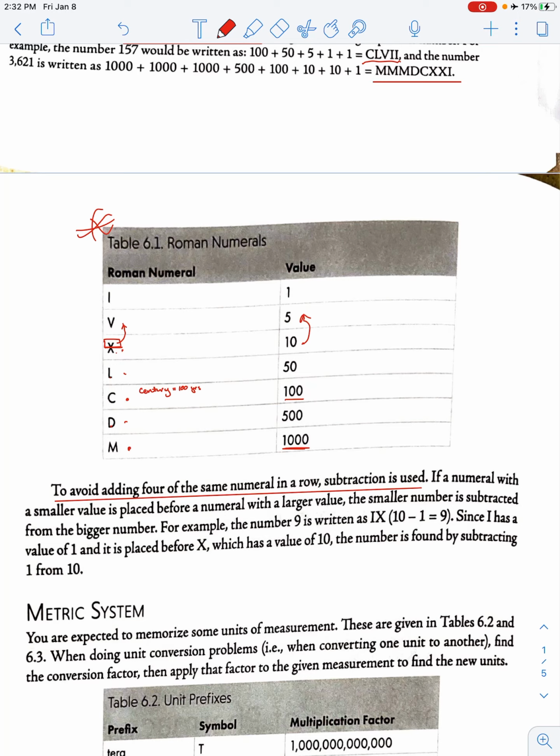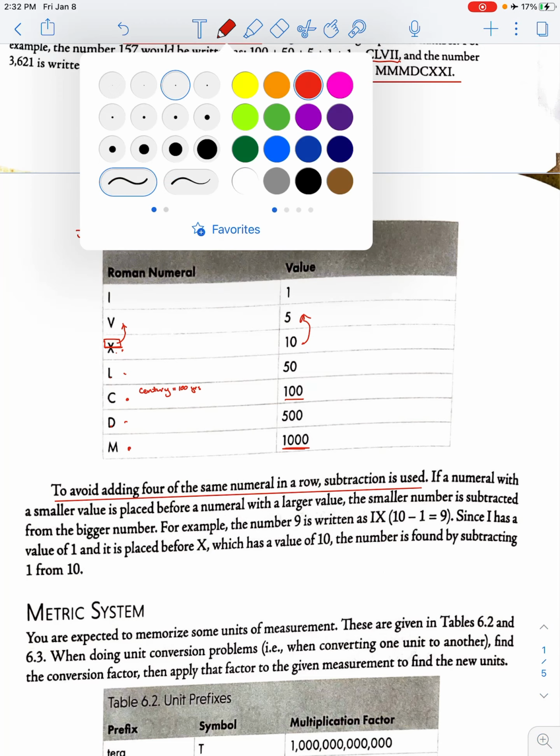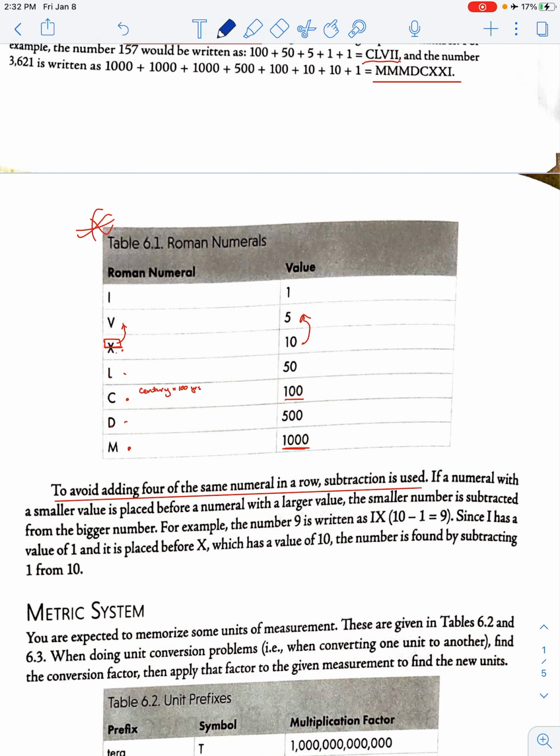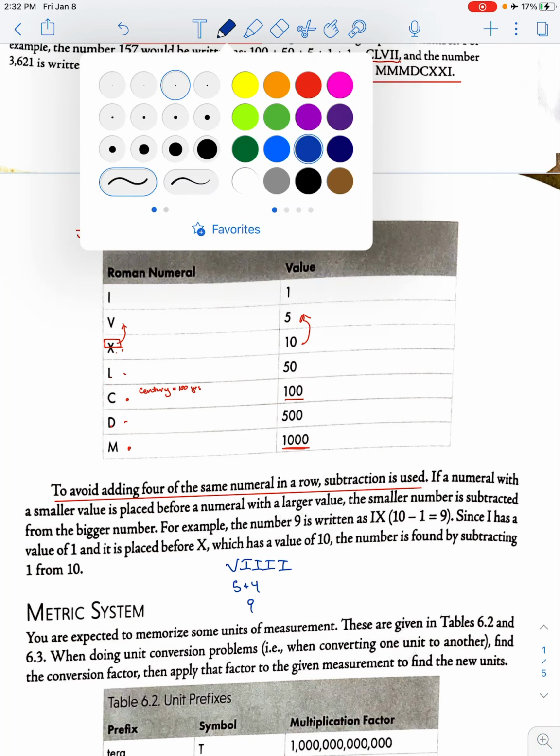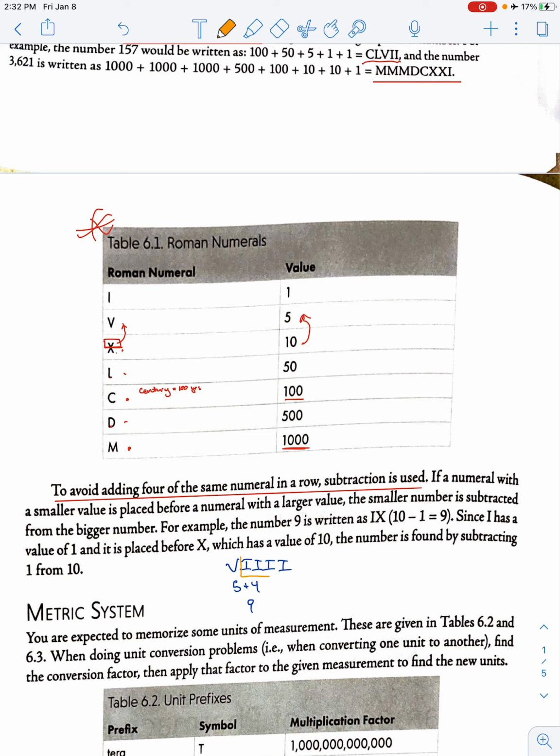So let's just break down that example for a second. What they're saying is that instead of writing 9 as 5 plus I, so that would be 5 and 4 ones, which is 9, instead of writing 9 like that, to avoid writing 4 of the same numeral in a row, we can say, well, 9 is 1 less than the next number up. 9 is 1 less than 10.